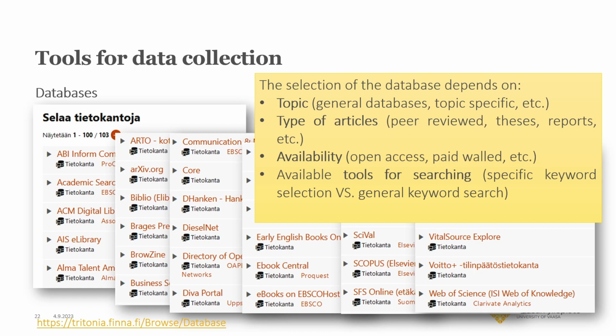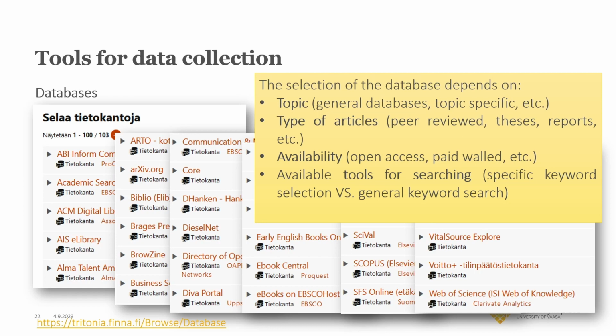There are also different types of databases depending on the type of article. Some of them are not peer reviewed. They are only reports, and some of them are theses, like a PhD, master's or bachelor's thesis.